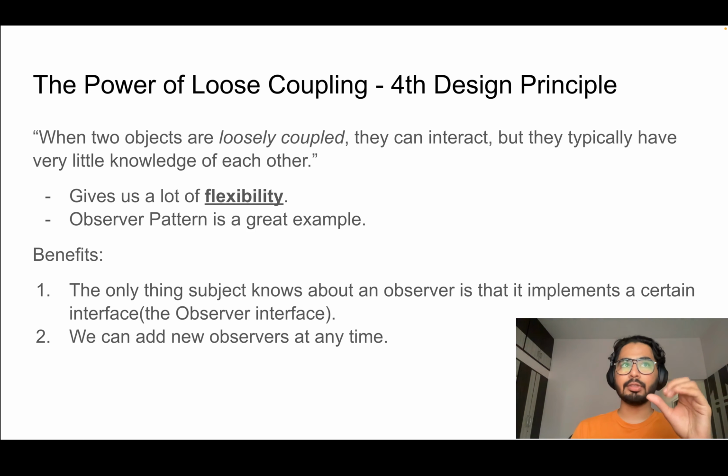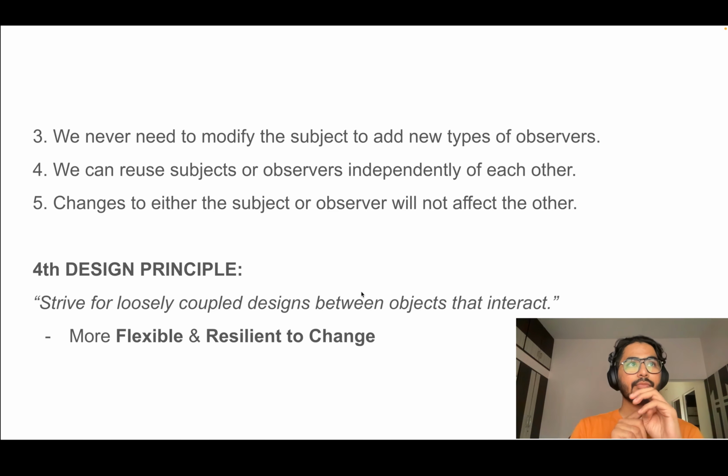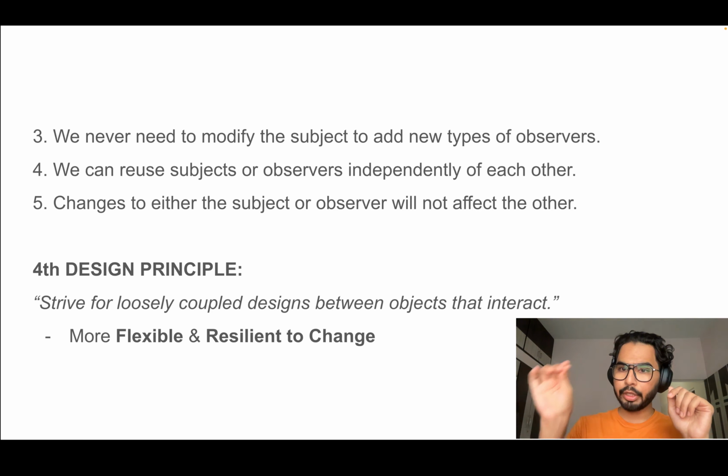Third, we never need to modify the subject to add new types of observers. In the previous, naive or misguided implementation, every time we wanted to add or remove a display, we needed to go into the code, write code, and change it. That is not a very good solution.